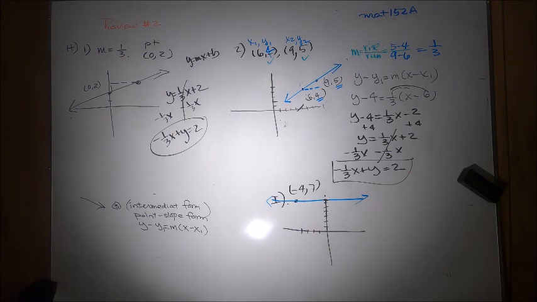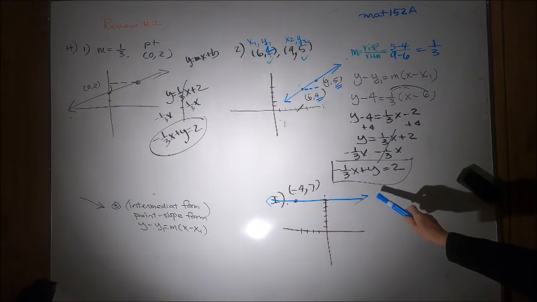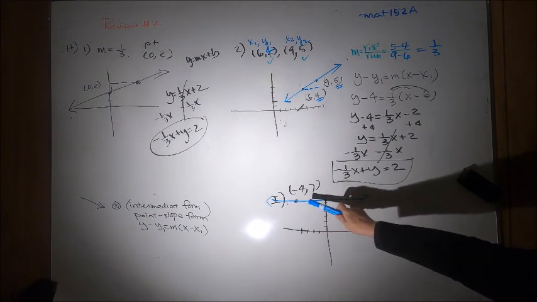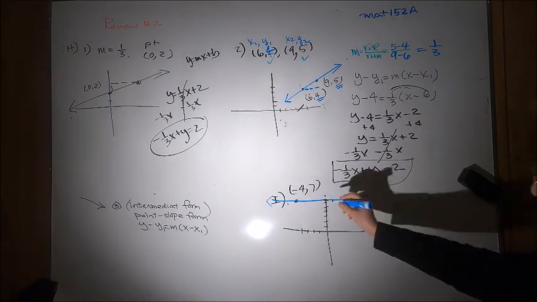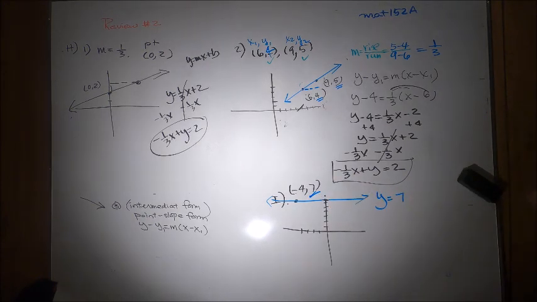And horizontal means what? X is running free. You don't have an x. X can be any number. Then you need to write a what? A horizontal line only has y. So that's your y. So you write y equals 7. That's how you would do it.